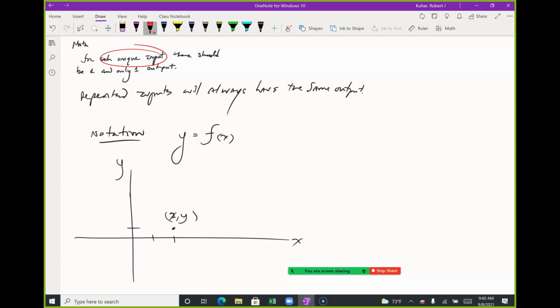But now we can write this point as x comma f of x. The curve that goes through the point is my function f of x. So the curve itself is the whole function, and the height at any one point is an x comma y or an x comma f of x.